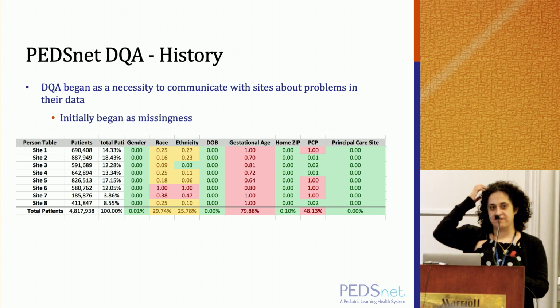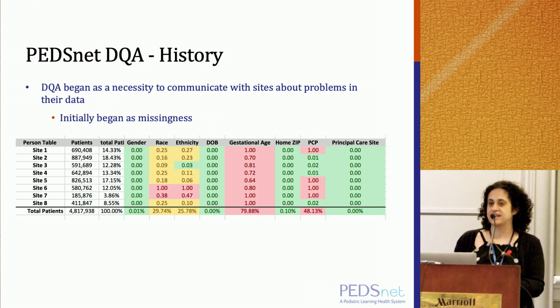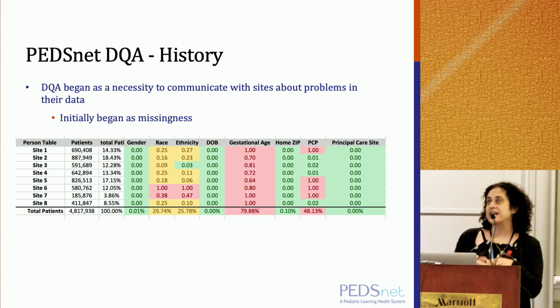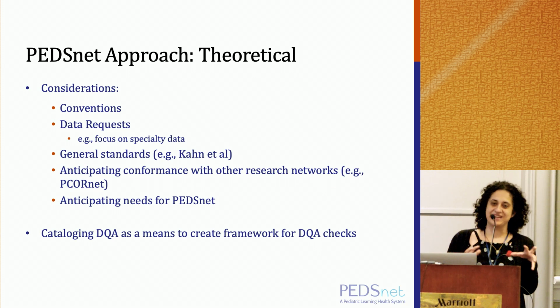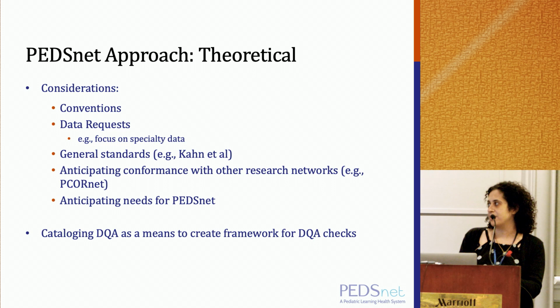We have a database that contains this large data set standardized to the OMOP Common Data Model. Actually, we call it the PEDSnet data model because we've made some adaptations to the OMOP data model, but it's mostly aligned.